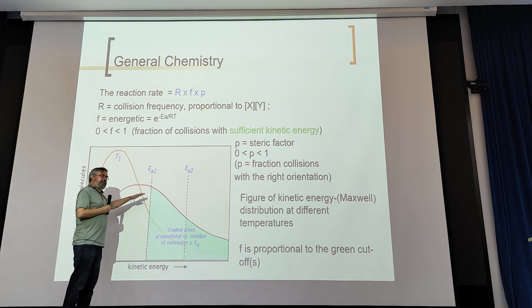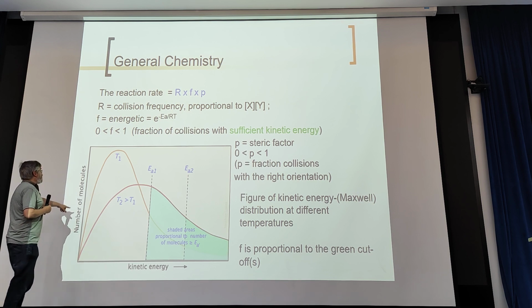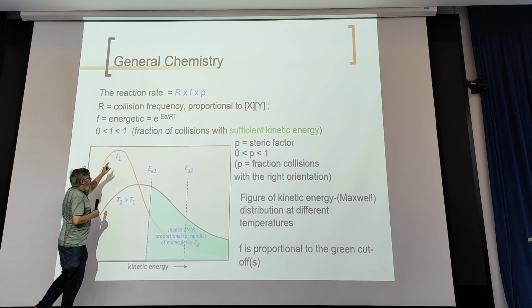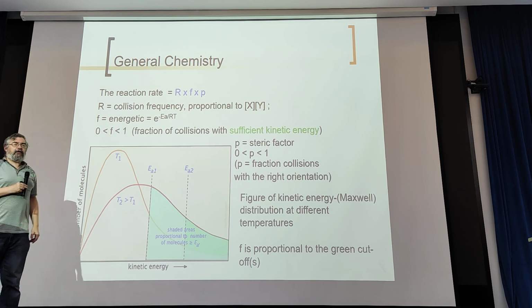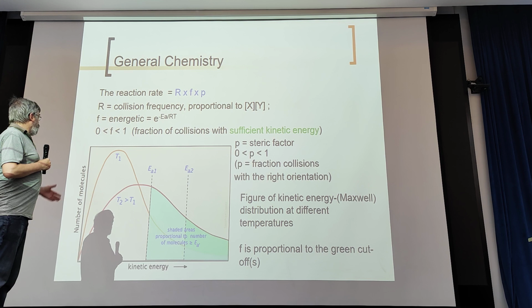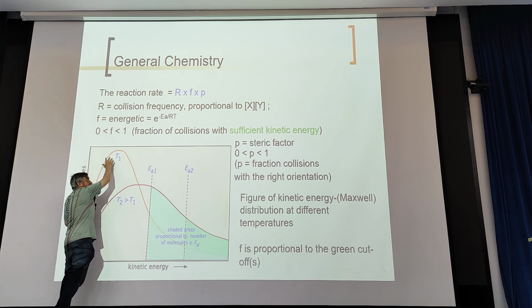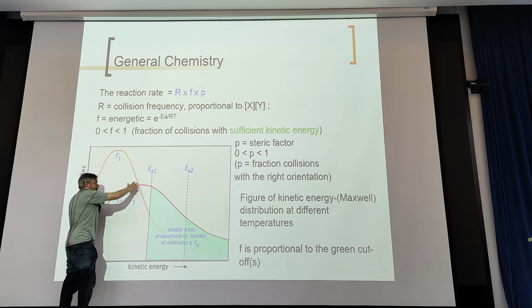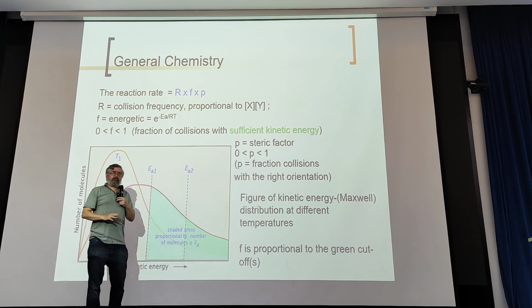So it's a distribution curve. You can see, for instance, this is the highest number of molecules at a certain temperature, T1. So most of the molecules have an energy that is around here. Some of them have higher energy, but not so much.